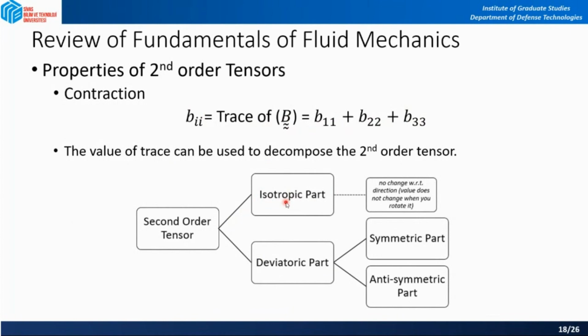So if you just get the isotropic part of a tensor and you rotate your frame of reference, for example XYZ, the values inside the isotropic part of the second order tensor will not change.